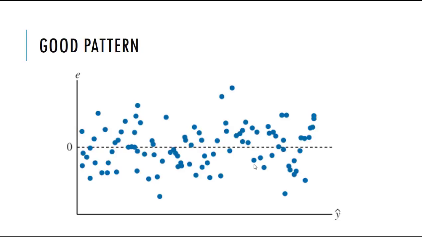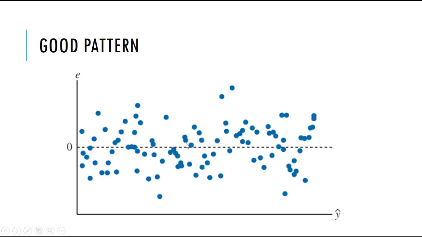This is a good pattern because there are about the same number above the 0 line as there are below it. So it looks like they're centered around 0, the mean of 0. It looks somewhat normally distributed, or at least symmetrically distributed, which is what we're looking for.